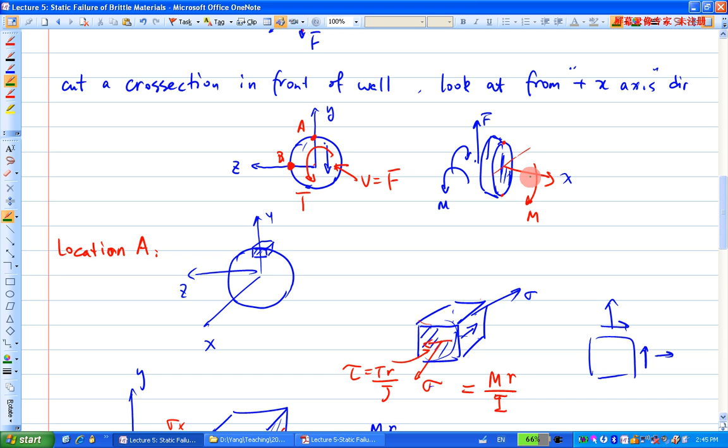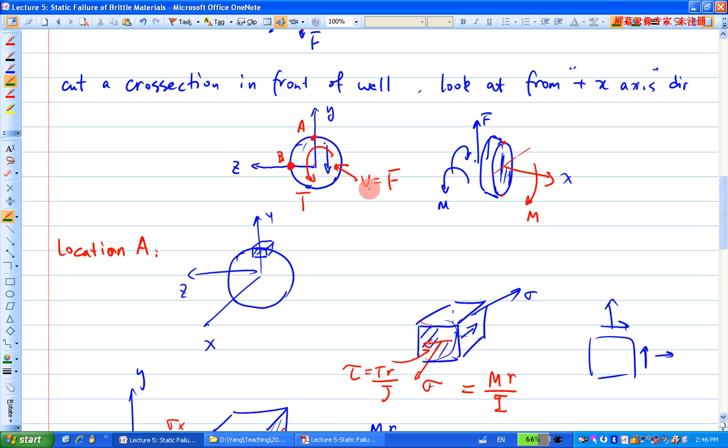As we said, bending moment causes a bending normal stress, which is 0 at the neutral axis, which is the B location. So that M is not going to give us any bending normal stress. Which means at the B location you're not going to get any normal stress out of that cross section.